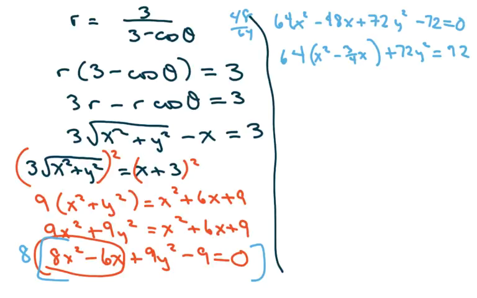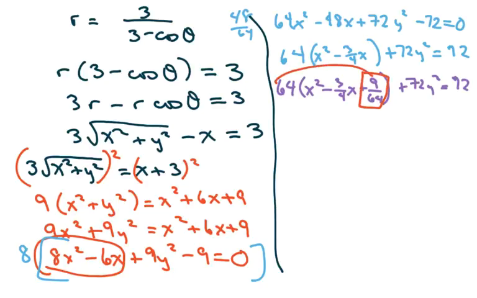And now I do want to complete the square, so I have 64 times x squared minus 3/4 x plus 9 over 64, plus 72y squared equals 72. And the part we're adding is this part right here.